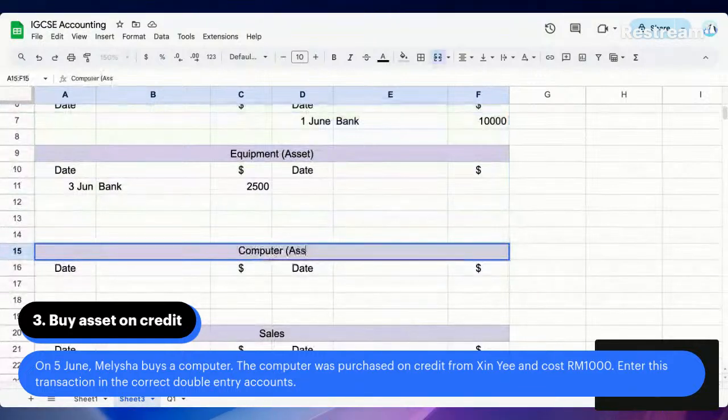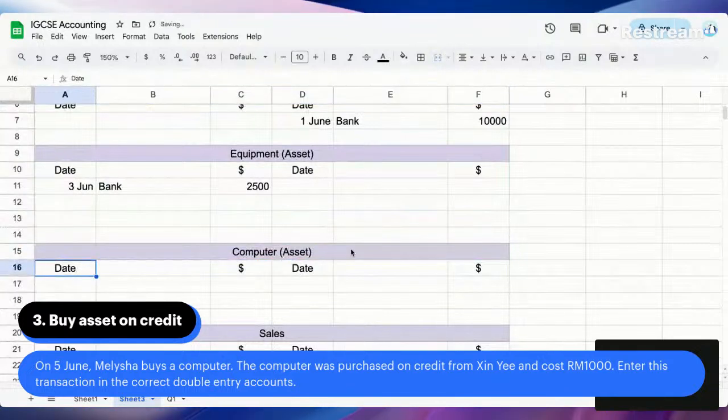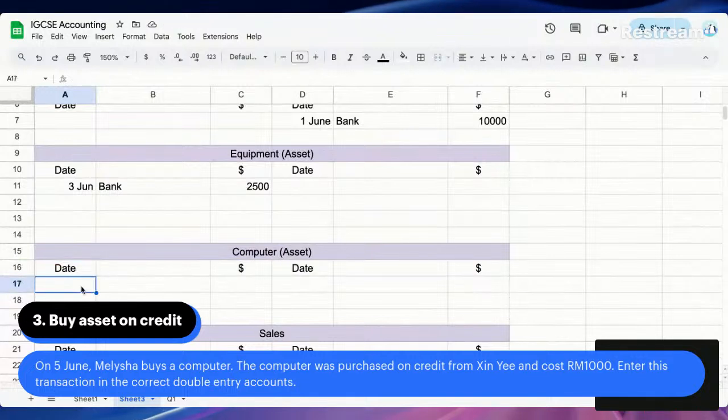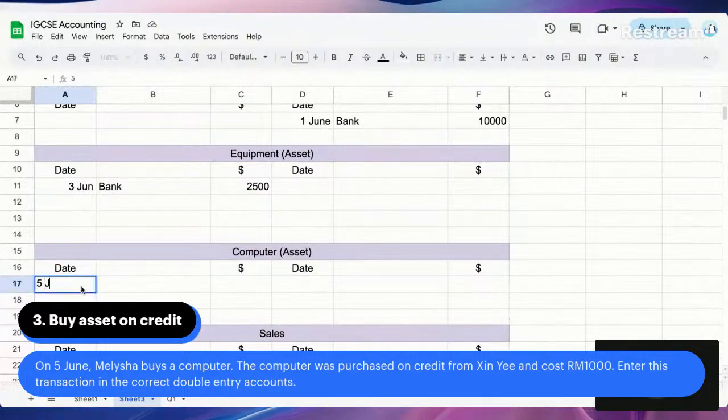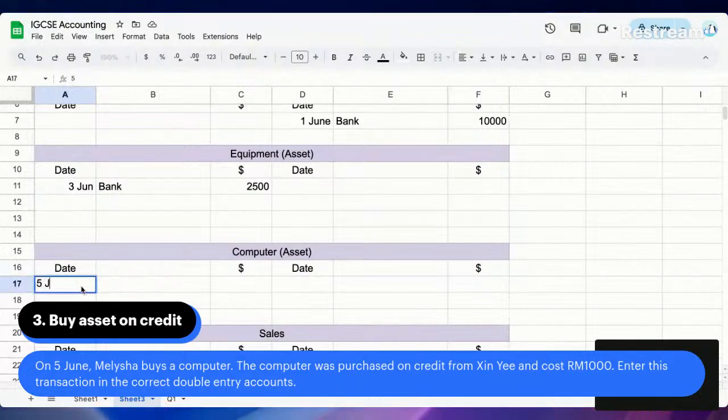Again, a computer is an asset. Just a hint, don't put asset inside your T account name, right? And then it happened on 5th of June. Okay, how much is that? 1,000.